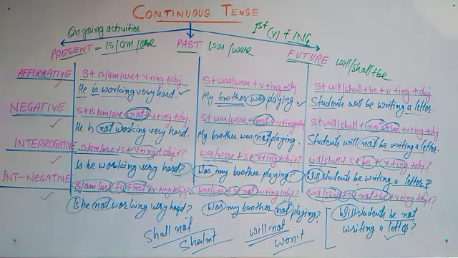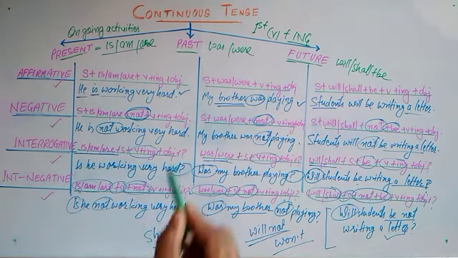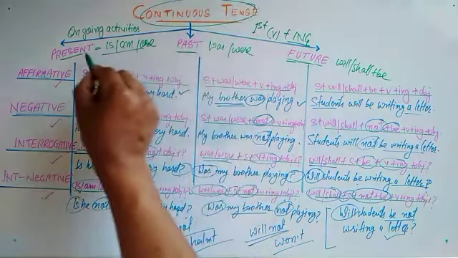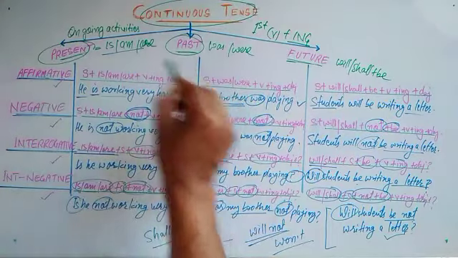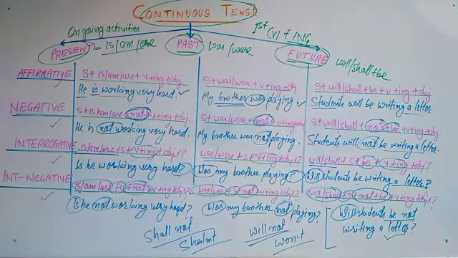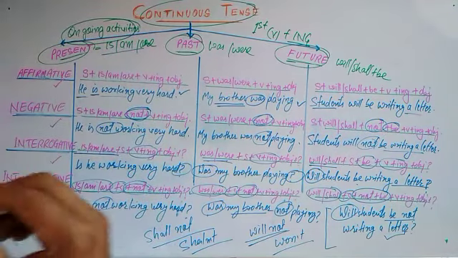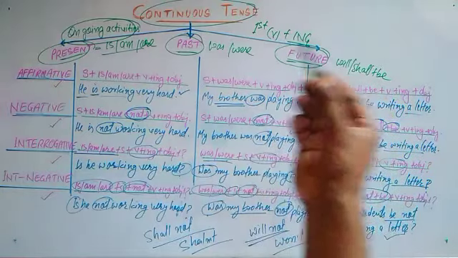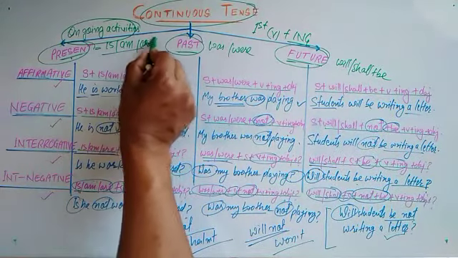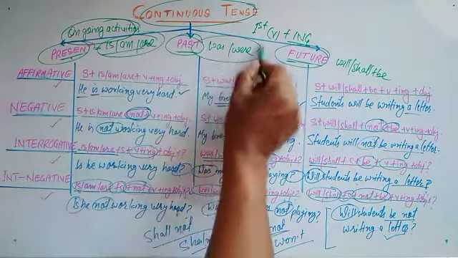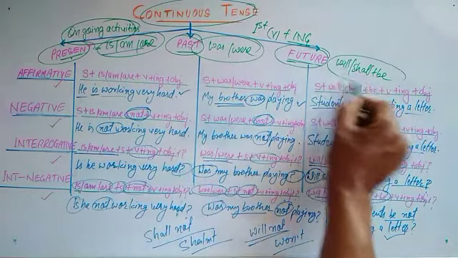Students, have a quick revision of today's chart. Today we studied continuous tense: present continuous, past continuous and future continuous. First of all, the actions and activities which are going on, somehow started in the past, present or future, but still going on. In present continuous we use helping verbs is, am, are, in past we use was, were, and in future we use will, shall with be.